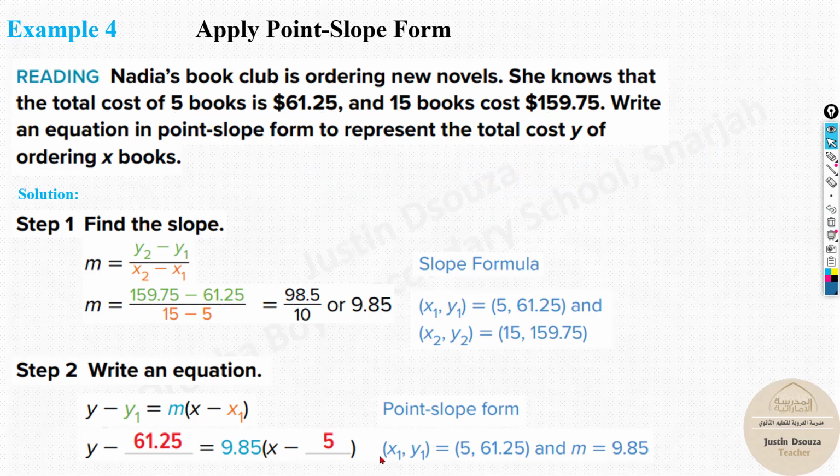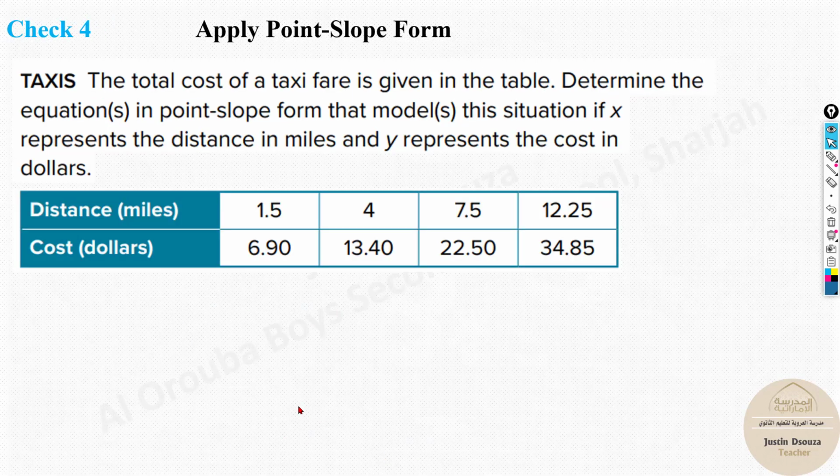Once you find m, you know the points x1, y1, just substitute. Depending on the options, but if it's writing, just choose the first point. What I personally do is, whichever is the first point, x1, y1, I just type that over there. That's it.